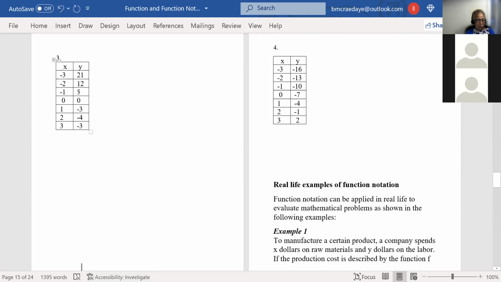The values are 21, 12, 5, 0, minus 3, minus 4, minus 3.